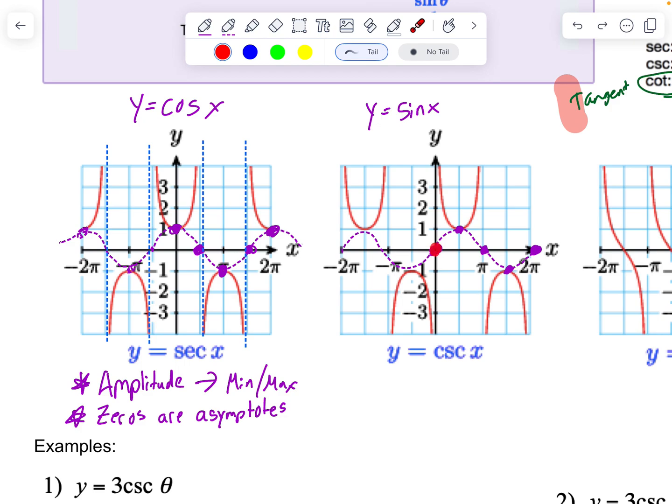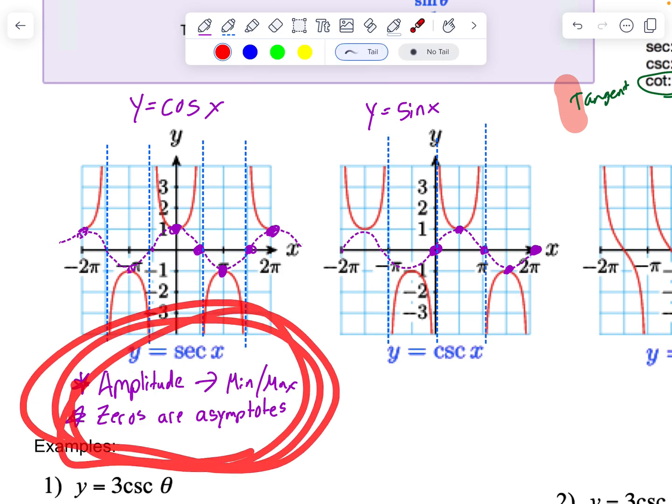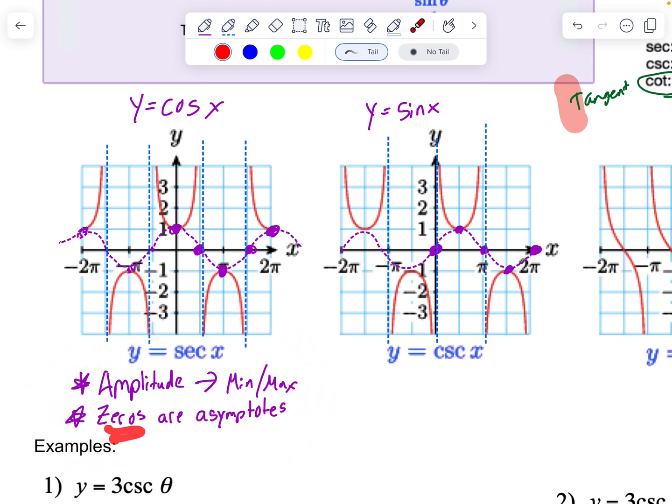The opposite of intersecting a line is actually an asymptote, right? Because the definition of asymptote is where the graph does not intersect. So these are your two big ones. The reciprocal of a zero becomes an asymptote. The reciprocal of a max here becomes a min.